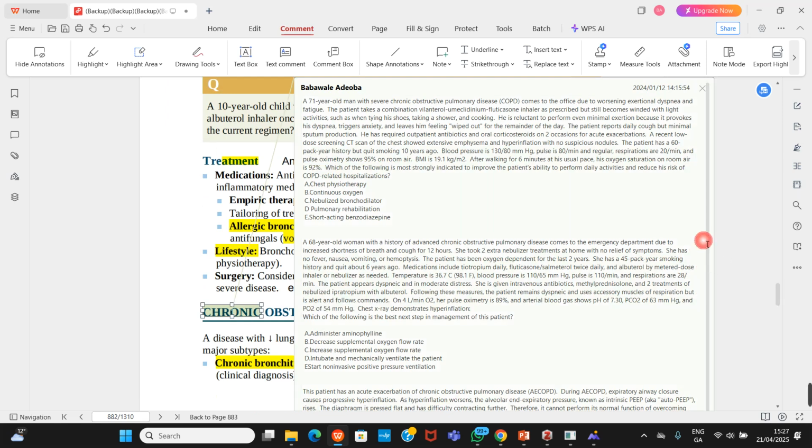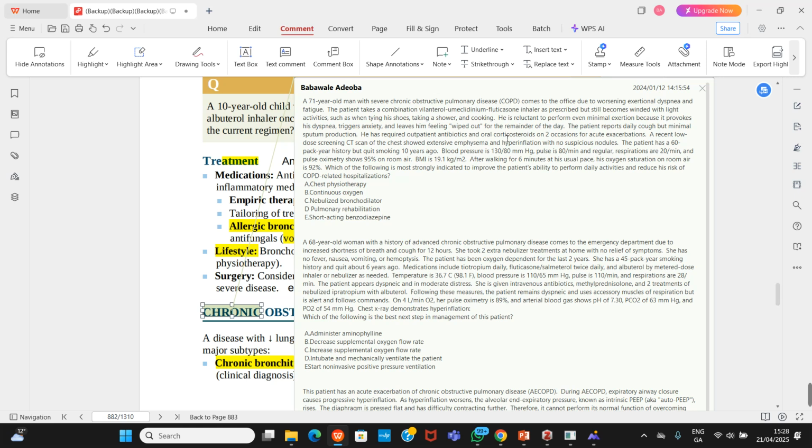Let's look at this. A 71-year-old man with severe COPD comes to the office due to worsening exertional dyspnea and fatigue. The patient takes a combination of vilanterol and an inhaled anticholinergic as prescribed, but becomes winded with light activity, such as when tying his shoes, taking a shower, and cooking. He is reluctant to perform minimal exertion because it provokes his dyspnea, triggers anxiety, and leaves him feeling wiped out for the remainder of the day.